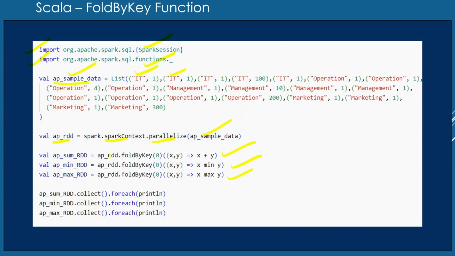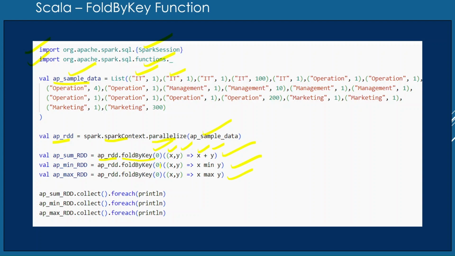I am calling foldByKey on top of this RDD, and the 0 means the accumulator is initialized in each partition, or you can say for each key, with 0. And here we define the function by passing two values, x and y, and doing the aggregation.